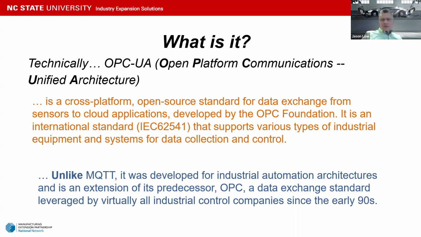And it has been used in industrial environments and industry for many years since then. Unlike MQTT, it was really developed for industrial automation. And the UA is an extension of its origins in OPC, which is a data exchange standard.